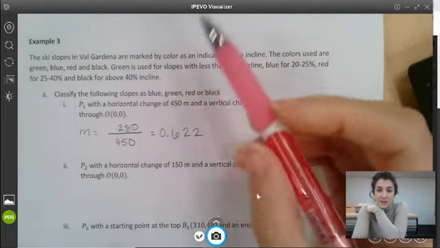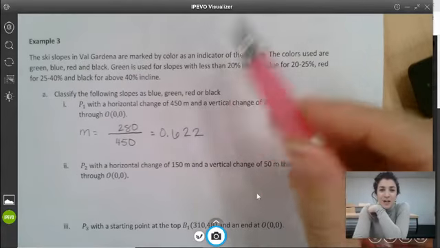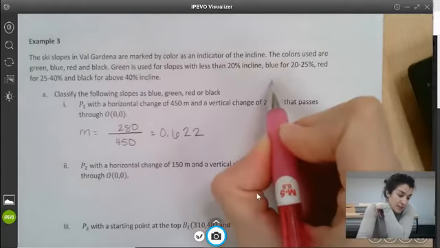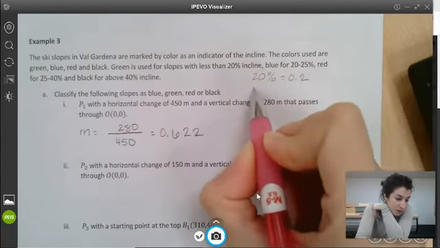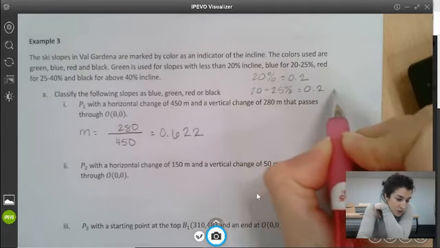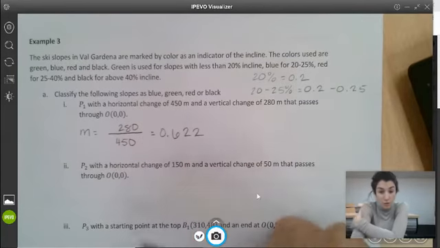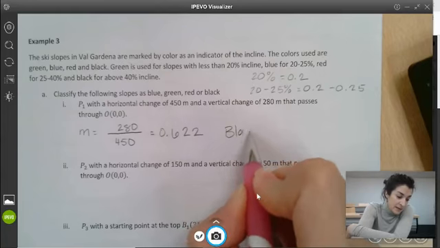That's a pretty significant change, and that's greater than a 40%. Remember that 20% is represented as 0.2, right? 20 to 25% would be 0.2 to 0.25. So a 40% incline would be 0.4, and this is greater than that. So this is a black slope.